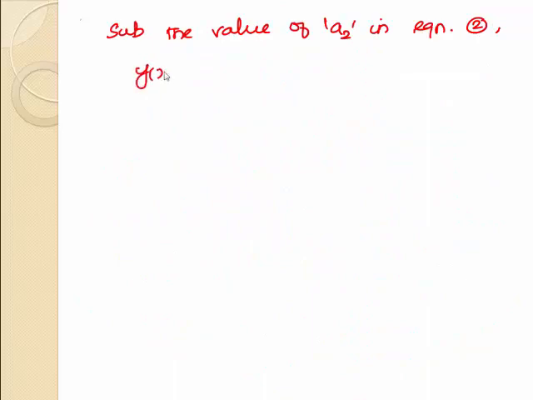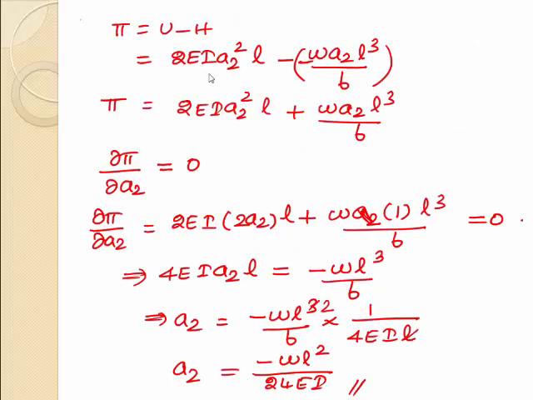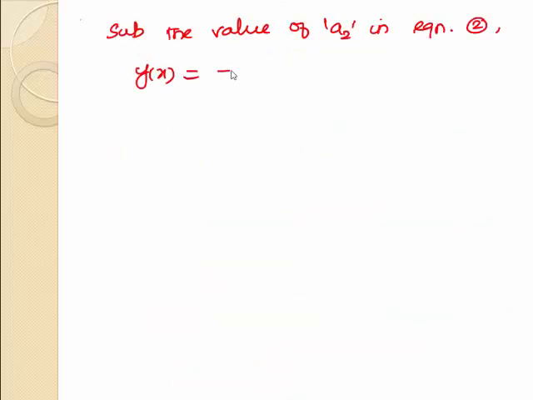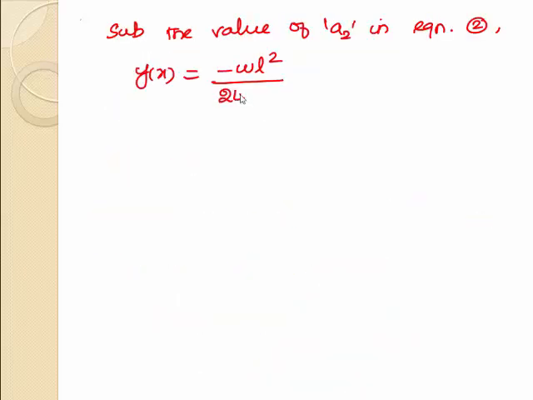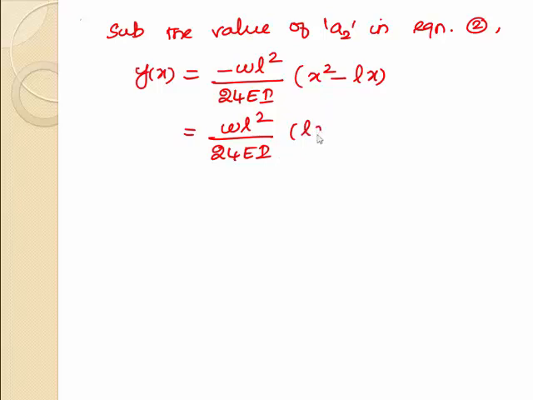So y of x is equal to a2, which is minus WL square divided by 24EI, into x square minus LX, or WL square by 24EI into LX minus x square.